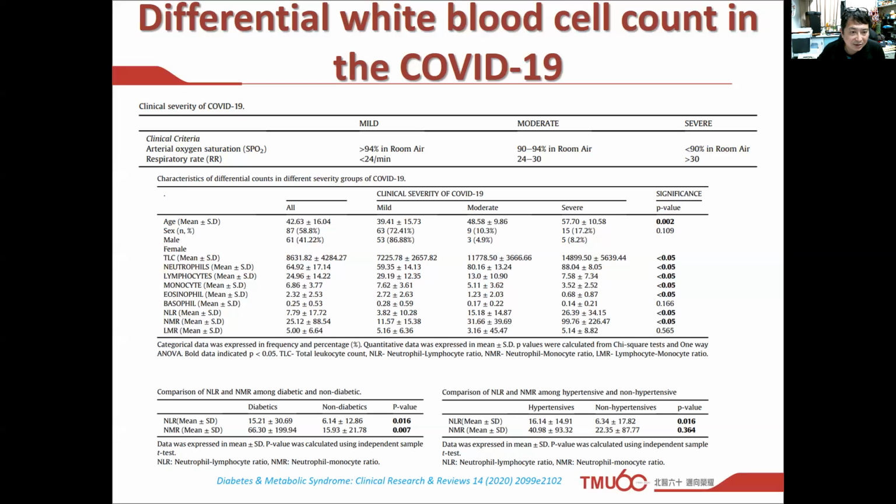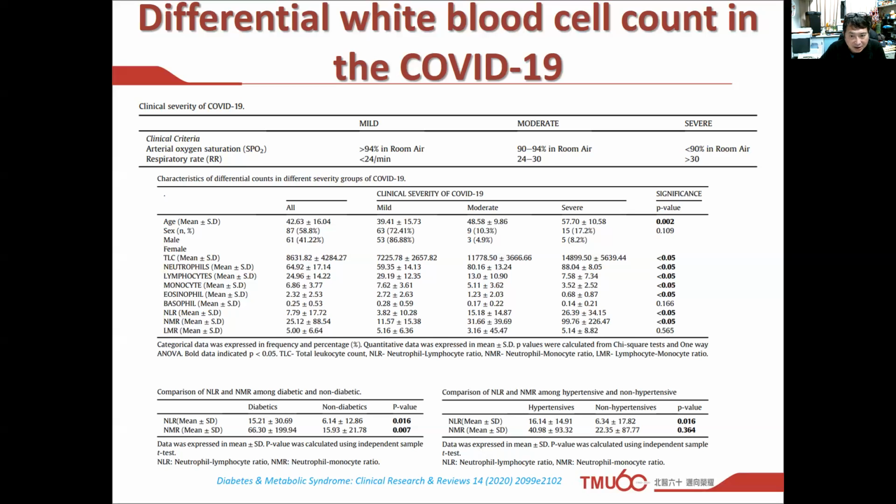Lymphocytes: 24.9, but in the mild form, 29.9, there are no significant changes. And 13, 7.58, and the p-value is significant. It suggests that lymphocyte numbers are dropped in the blood of severe COVID-19 patients.